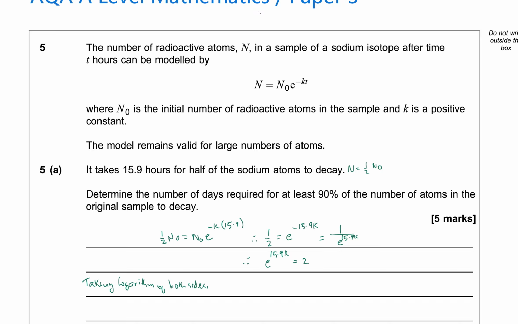We will have log to the base e of e to the power 15.9k is equal to log to the base e of 2. Log to the base e of e is 1, so 15.9k is equal to ln 2. Therefore k is equal to ln 2 over 15.9.